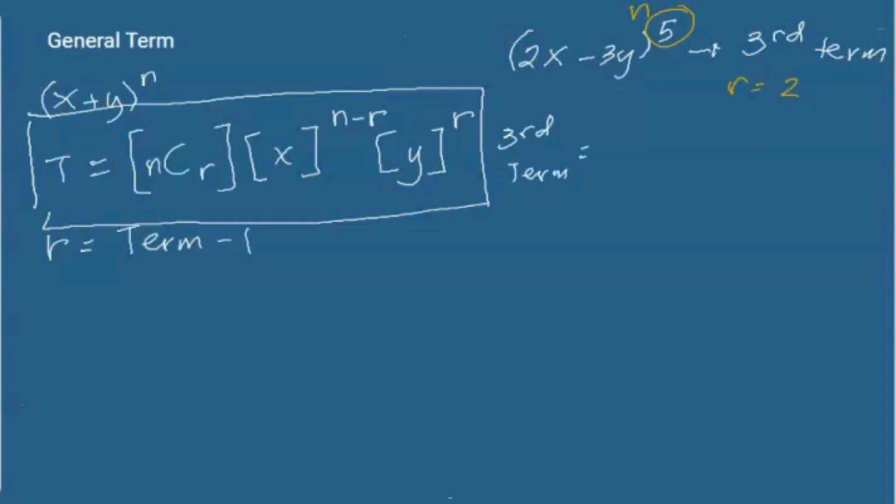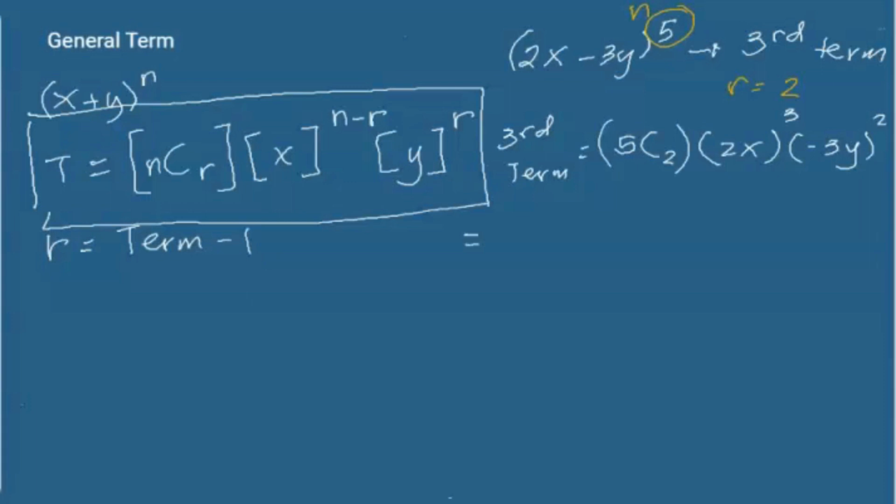So that would be 5 choose 2 times the first term 2x raised to n minus r, so that's 5 minus 2, so that's raised to the third power. And our second term of the binomial is negative 3y raised to r, and that is 2.